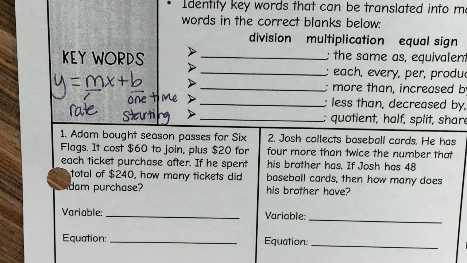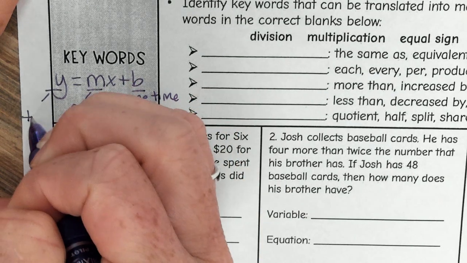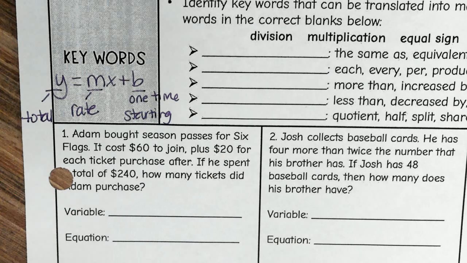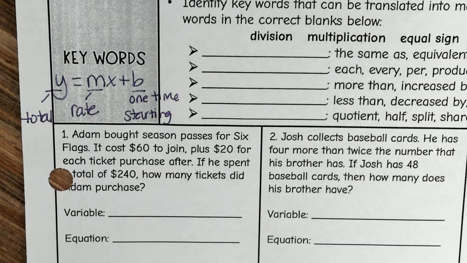You can pick A, B, C, D, whatever you want. Got it? This is usually the total. You're going to put a number there if you solve it. Now, if you don't solve it, you can leave it y equals or cost equals or whatever. But if you're going to solve it, they're going to give you a number to put there.